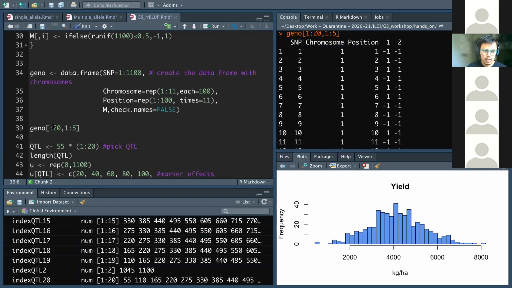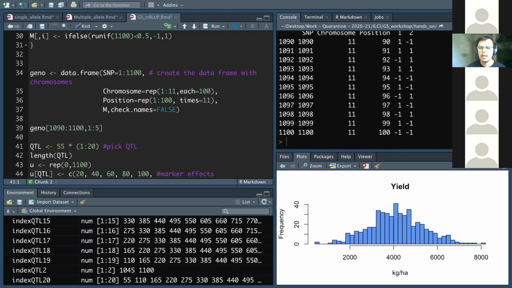If we go to the end of that genotype, the last molecular marker has the ID 1,100, in chromosome 11 and position 100.